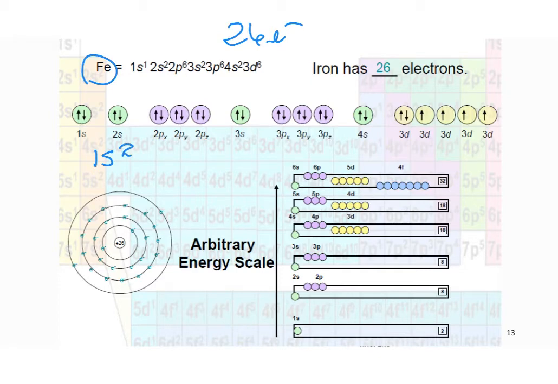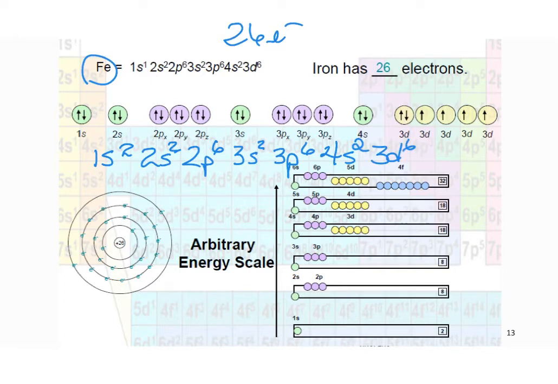So that's 2 electrons. That makes 4 electrons. Now we have added a total of 10, 12, 18, 20, 26, and then we stop. So that is the electron configuration of iron.